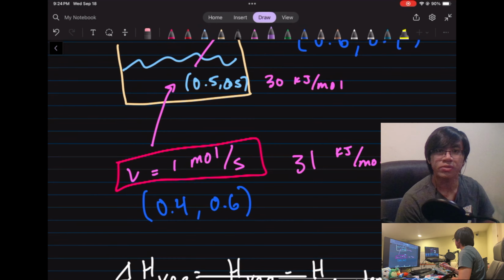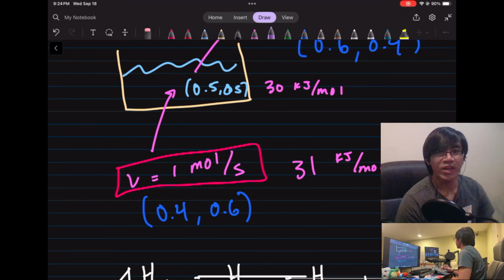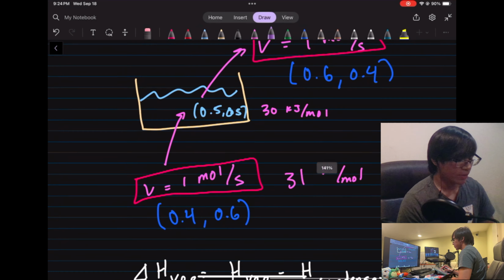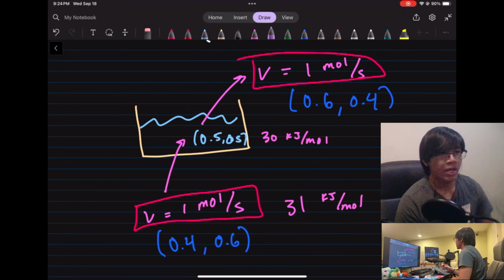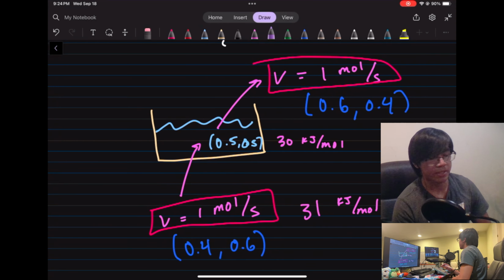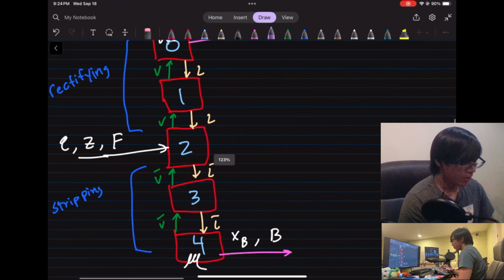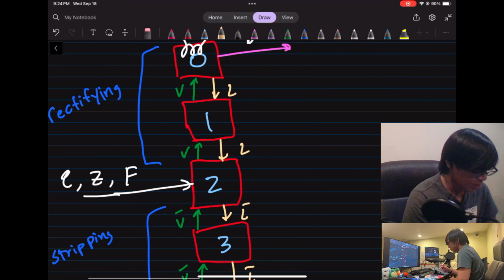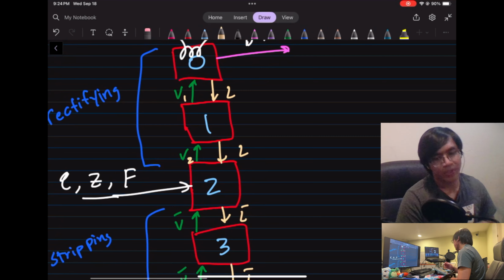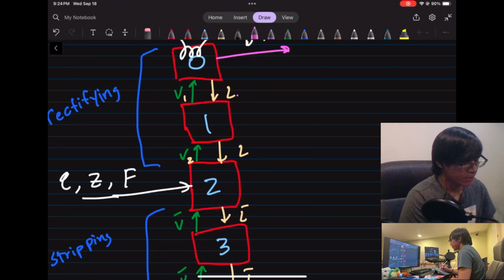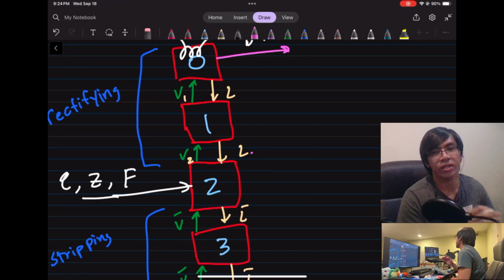So even though these two phases are two different compositions, we are assuming that as the vapor goes through each equilibrium stage and the liquid goes down in our distillation column, these molar flow rates stay the same. And that is a very, very helpful assumption, as now you can see that all our V's, while they're actually supposed to be numbered V1, V2, and another aside as we notate these flow rates, we number them by the stage number that they are coming from.